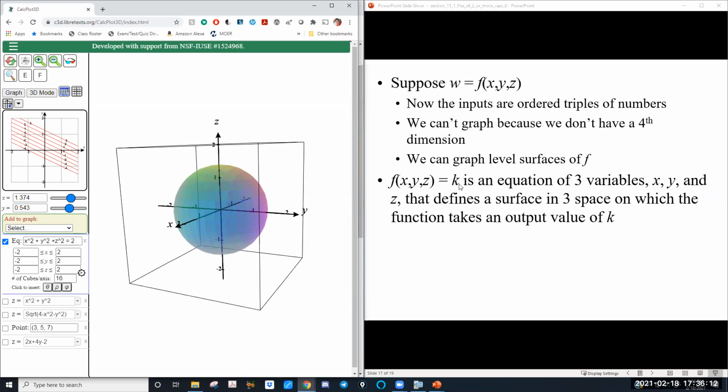What we do is we set the output of the function of 3 variables to be constant, and that makes something we can plot as an implicit surface in 3-space. These can get messy. Most of the ones I'm going to give you will have stuff that we can identify.